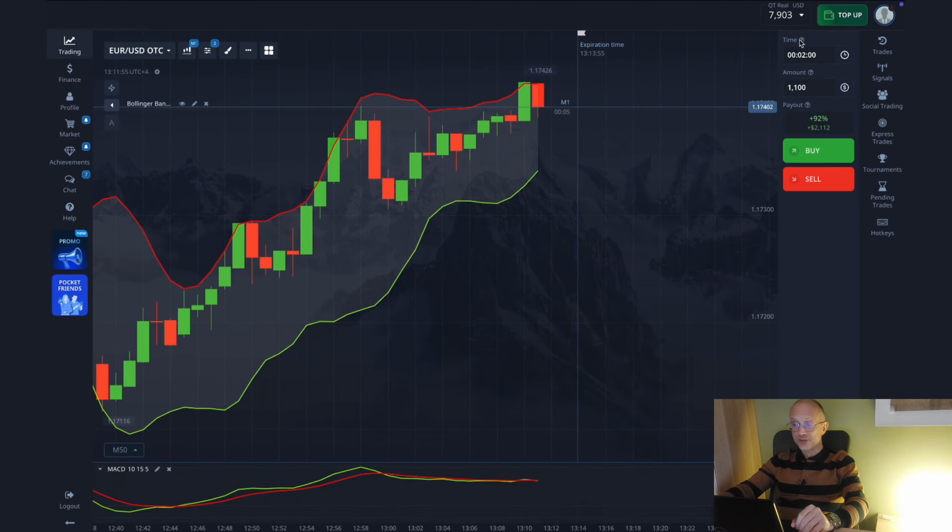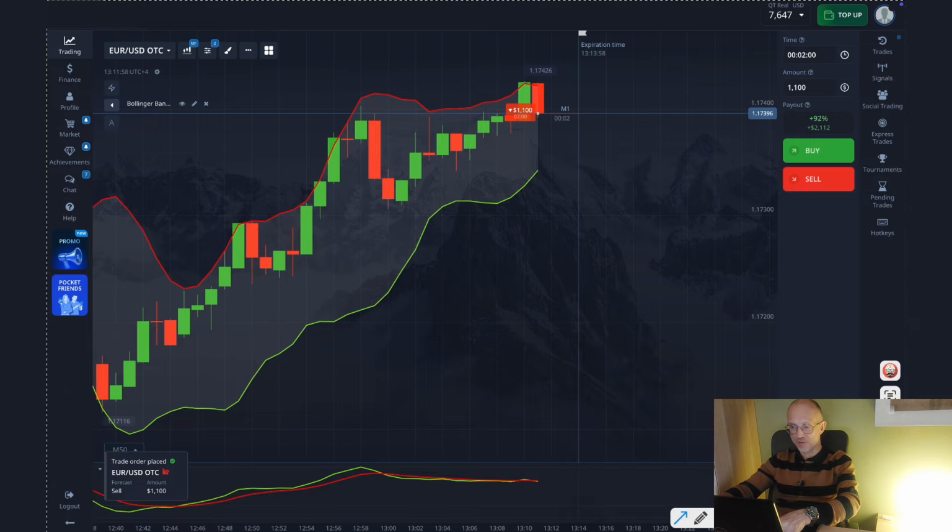Here's a good situation. The expiration time is 2 minutes and I'm opening a short trade for $1,100. After a confident rise, the market noticeably loses momentum. The candles become less expressive and the upward energy gradually dries up. The movement slows down and the chart begins to show signs of a reversal, shifting from growth to a downward trend.